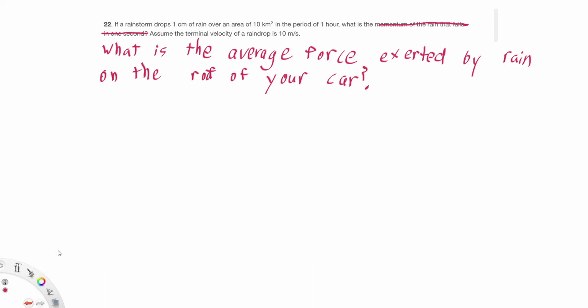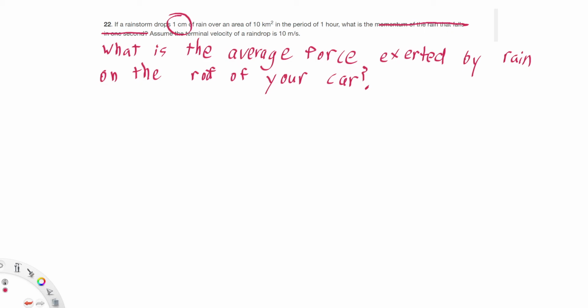All right. What does it mean when we say there's 1 centimeter of rainfall? I know that we only get like 8 centimeters of rain a year in Nevada, so maybe we're not so used to thinking about what rainfall means.